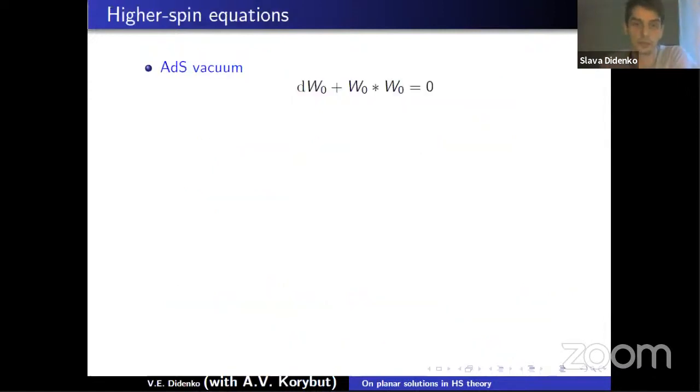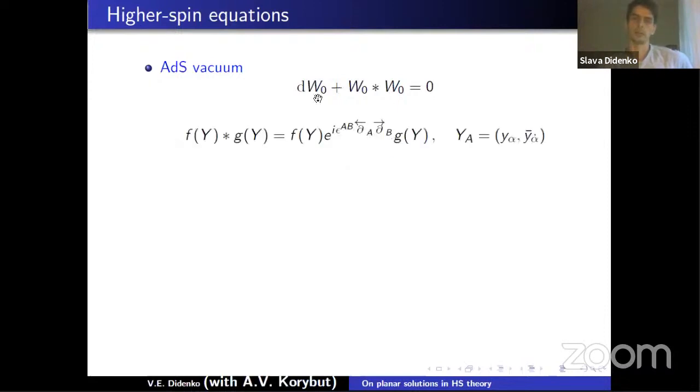So let me start with the higher spin story. So I'm going to use the unfolded Vasiliev approach that starts with the equation on the vacuum, higher spin vacuum.